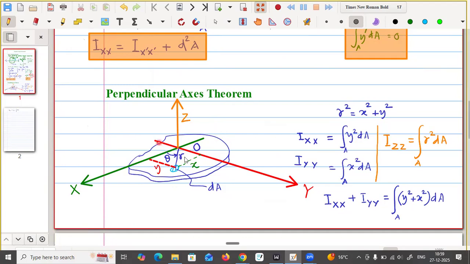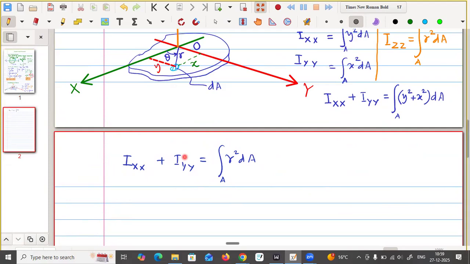Therefore, Izz is equal to Ixx plus Iyy.